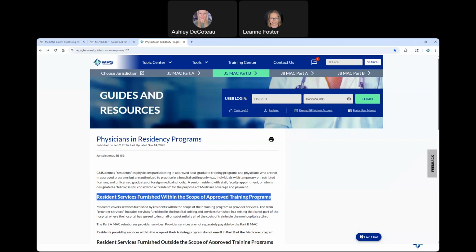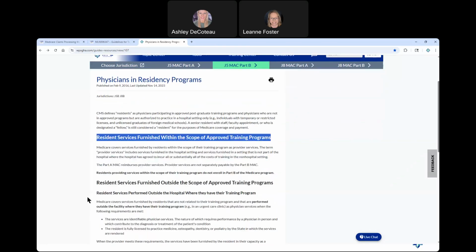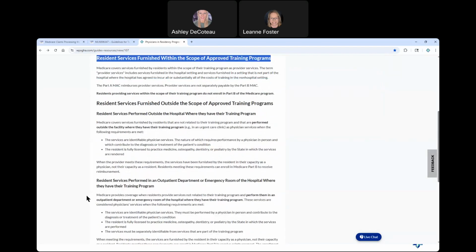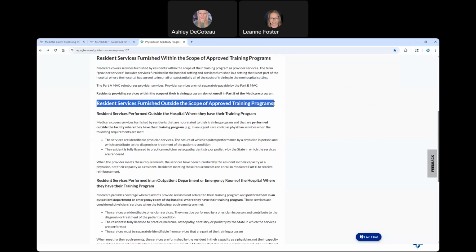All right, so now let's look at moonlighting, which is in the next section. If I scroll down some, resident services furnished outside the scope of approved training programs. So for services furnished outside the scope of the GME program, we have two different scenarios.